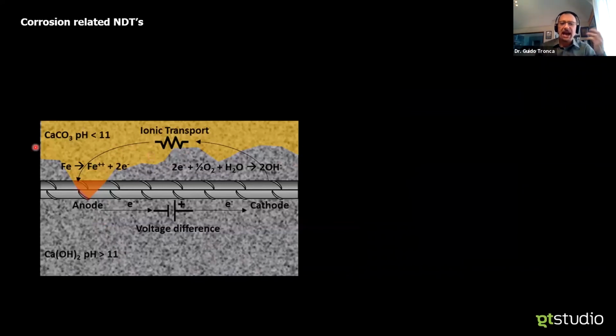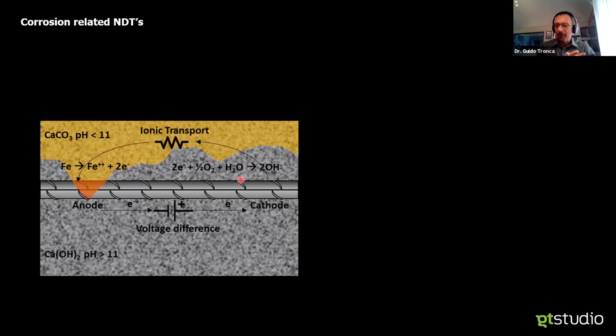This is what happens when we have corrosion ongoing in the concrete. Basically, we see an electrochemical cell. Iron gets burned by the presence of oxygen, and we see current moving along the rebars and inside the concrete.